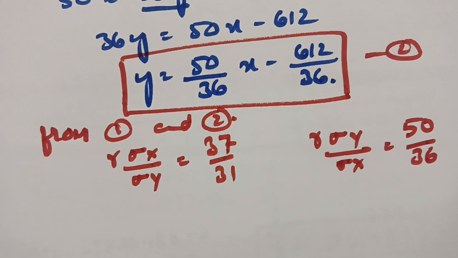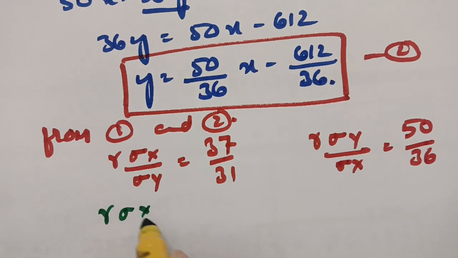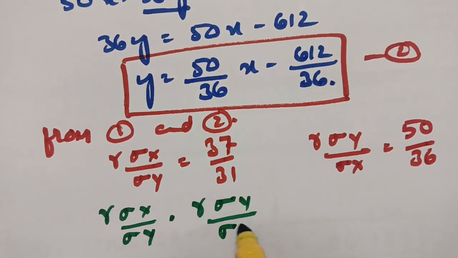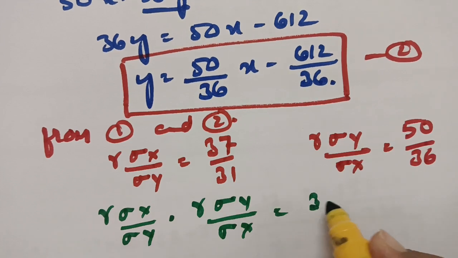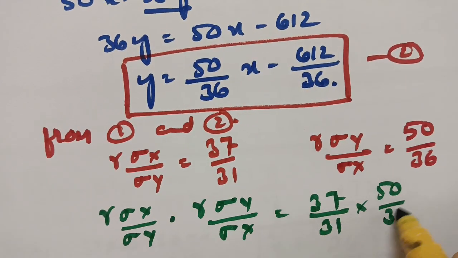Now if I multiply these two, that is r times sigma x by sigma y into r times sigma y by sigma x is equal to 37 by 31 into 50 by 36.